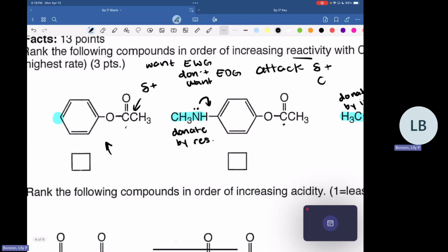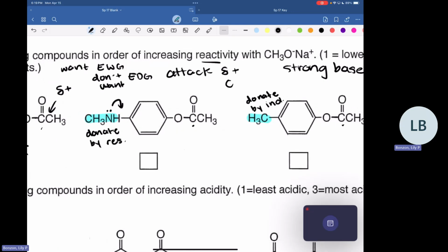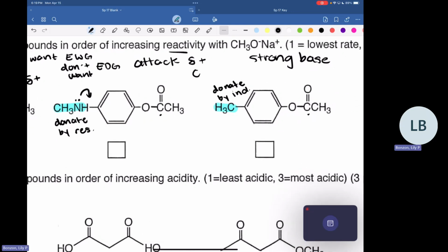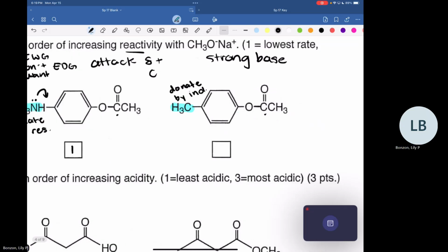Automatically the group on the left is going to be the most reactive because it doesn't have anything donating to negate the partial positivity of the carbonyl. Comparing the other two, donating by resonance is going to be stronger, so it's going to be worse in this case. We don't want donating groups, and resonance donation is basically the worst case scenario. So this amine substituent will make it the least reactive. And then this one's just going to be in the middle.